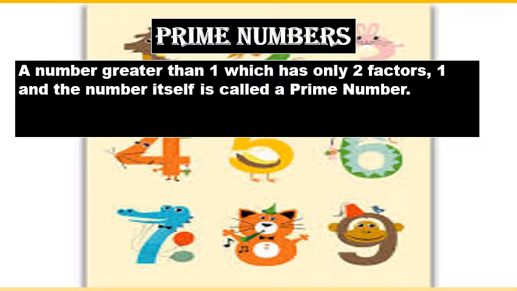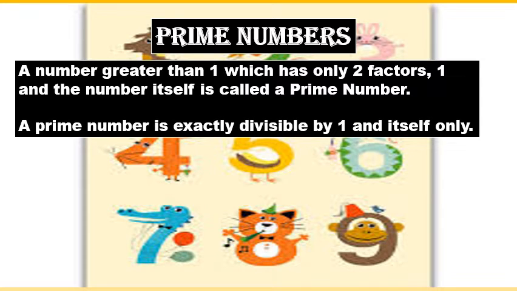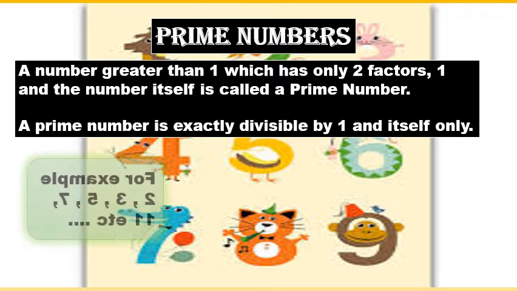It means that a prime number can be divided by 1 and itself only such that the remainder is 0. If you divide a prime number by anything other than 1 and itself, you will never get the remainder 0. So it is exactly divisible by 1 and itself only.